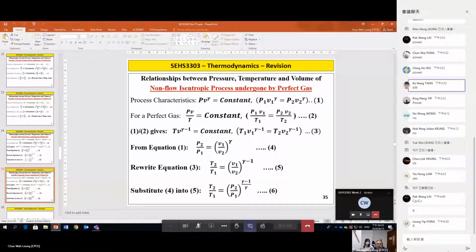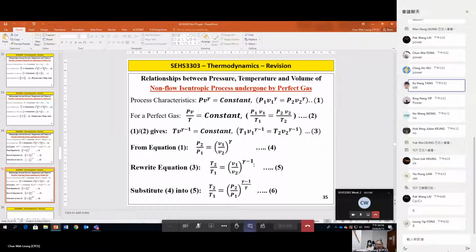Then we divide equation 1 by equation 2. T goes to the top, P cancels, and V to the power gamma divided by V to the power 1 gives V to the power gamma minus 1. Therefore, dividing 1 by 2 gives T times V to the power gamma minus 1 equals constant.